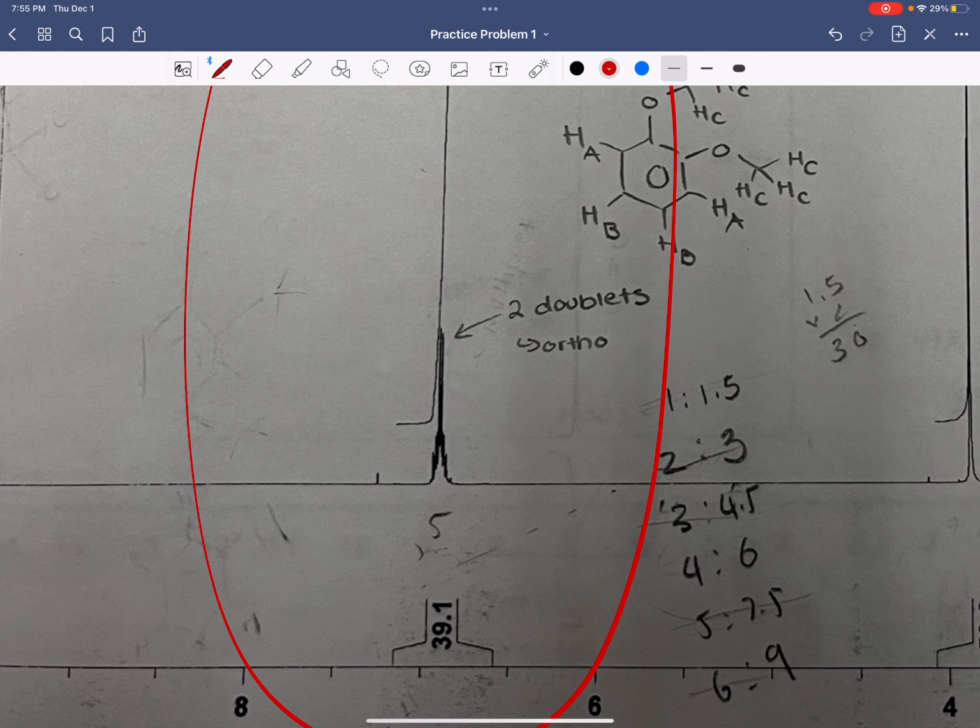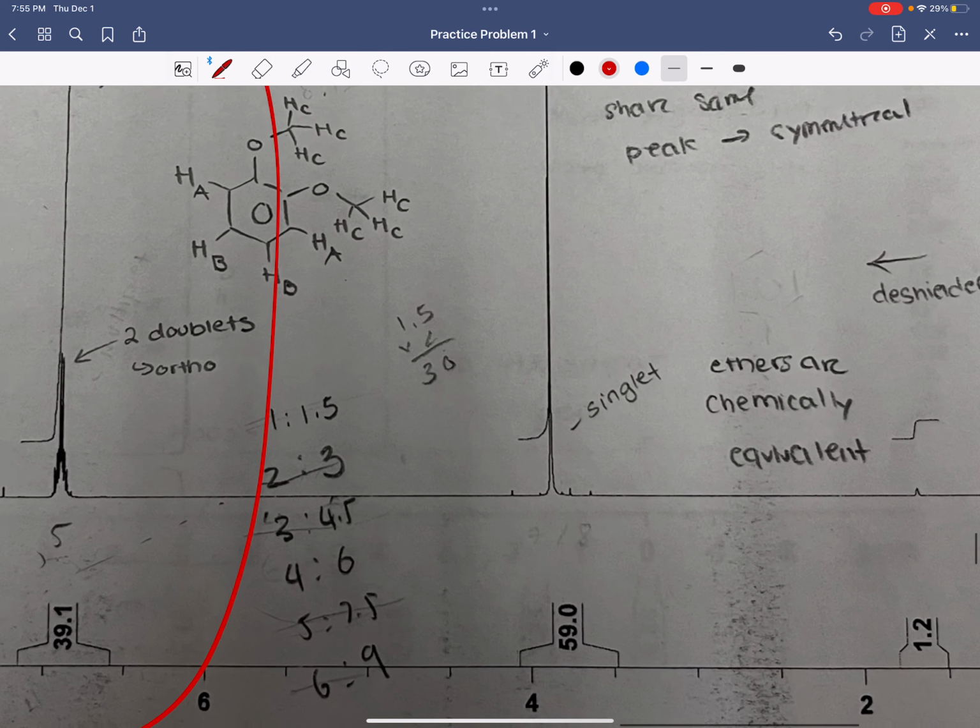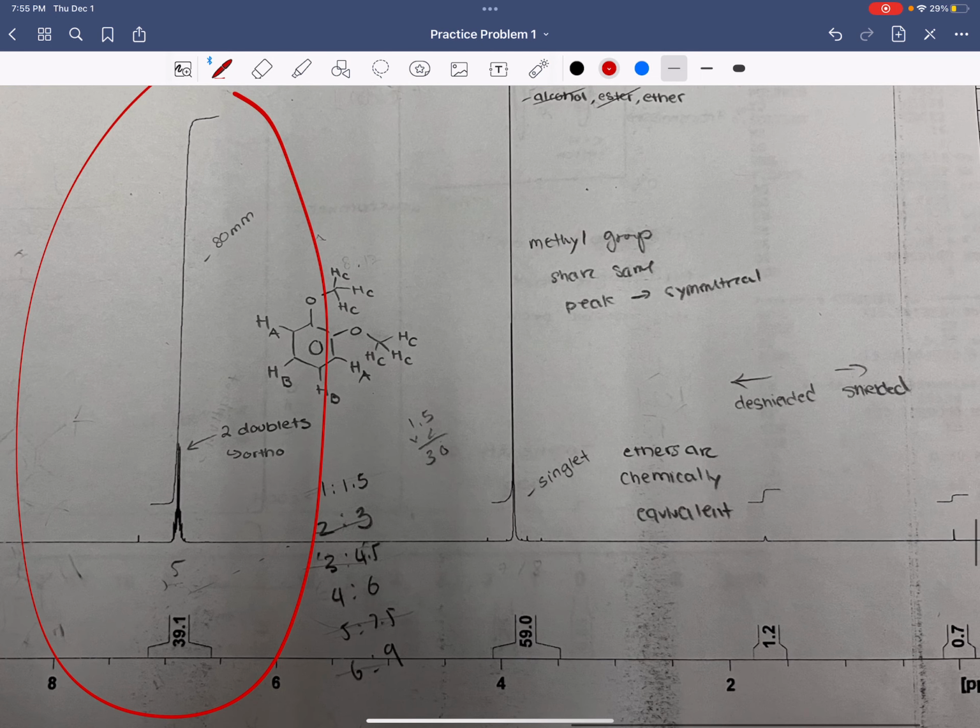And another factor that can help me in the identification of the second peak at the 4 ppm is the integration values and the basic knowledge that that range of ppm indicates the presence of alcohol, ester, or ether.